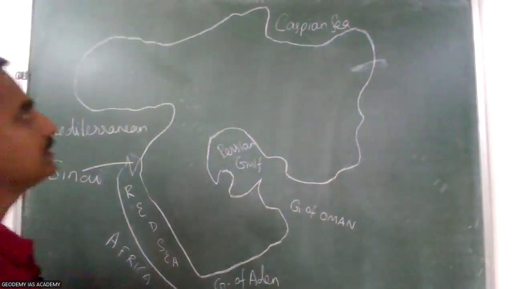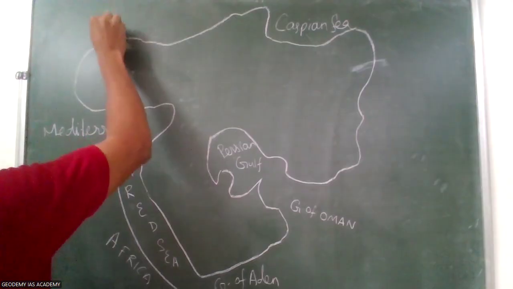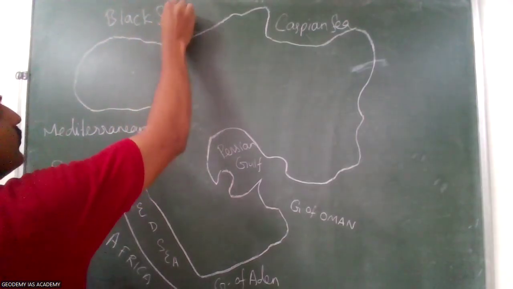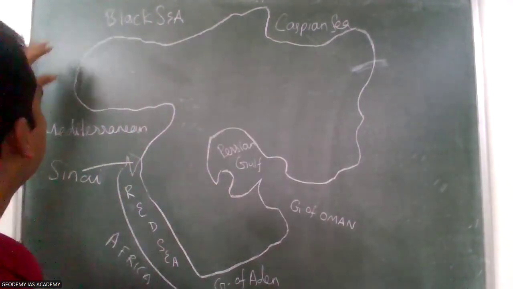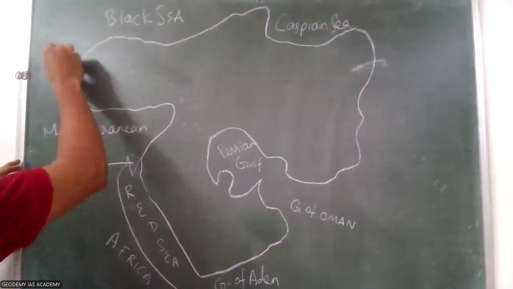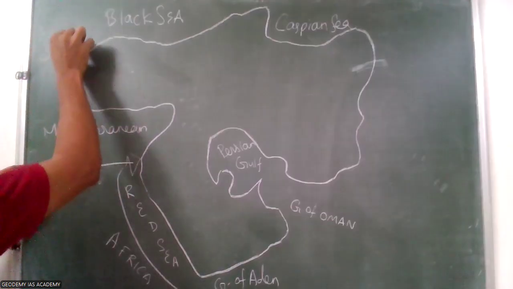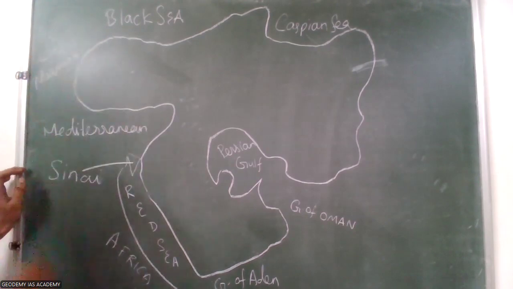Caspian Sea, and here it is Black Sea. So Black Sea, Mediterranean Sea, and here in this part, Sea of Marmara, a small sea, is there. We might have seen this in the European map.